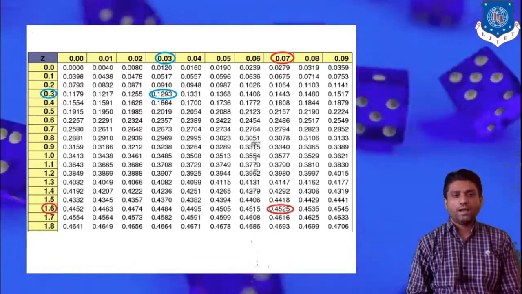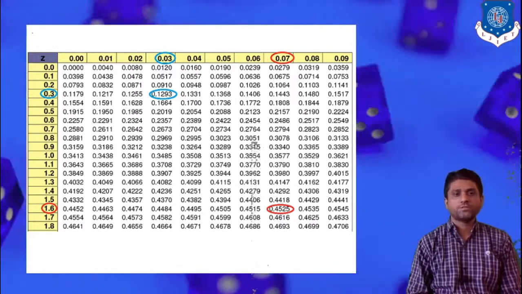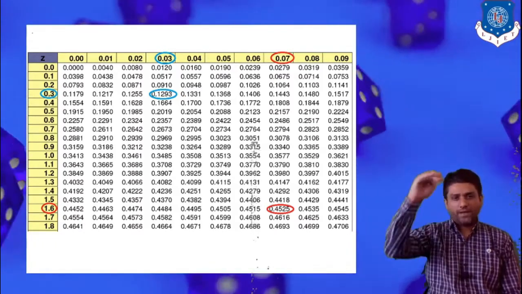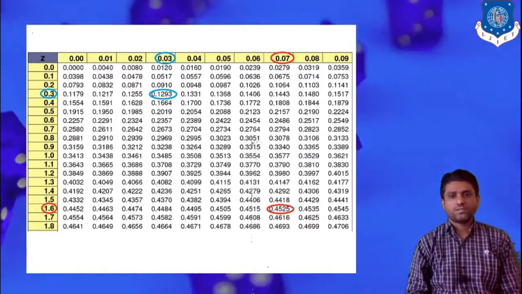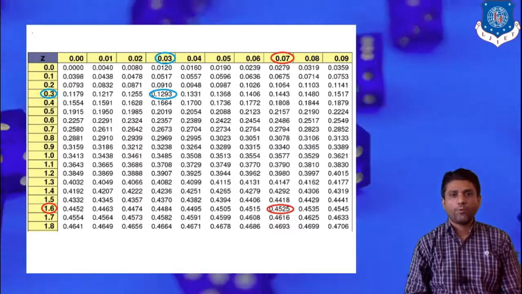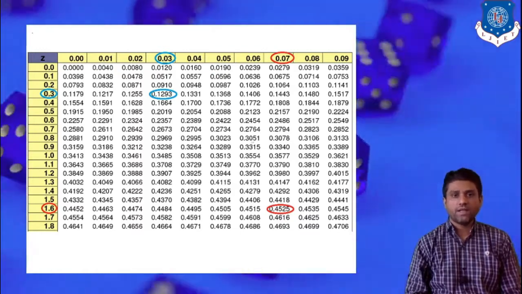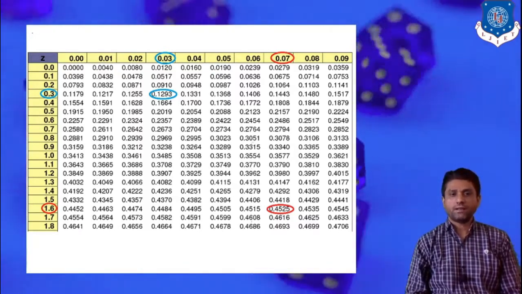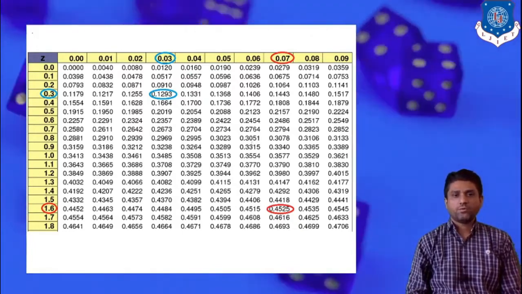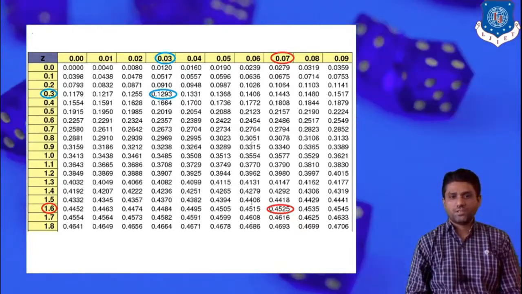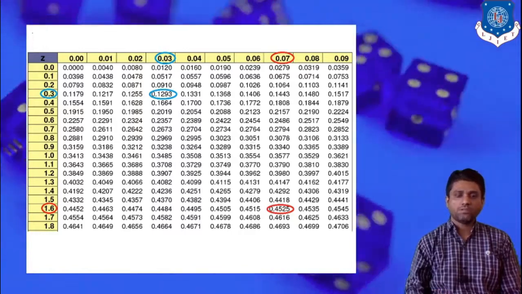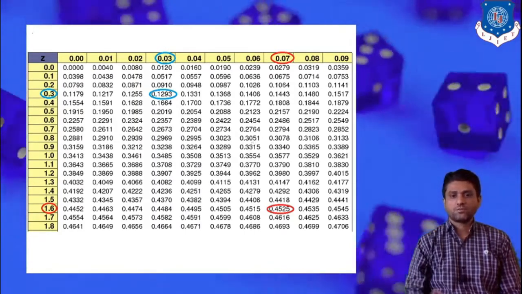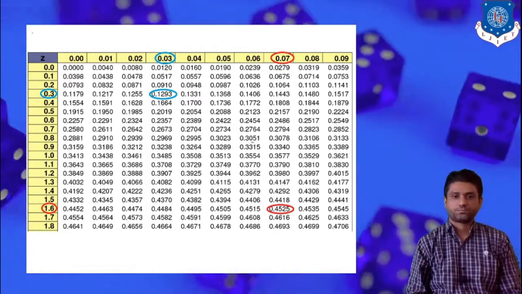So we highlight 0.3 in the first column and 0.03 in the first row, and find the corresponding point of intersection, and we take the value 0.1293. That shows the area lying between 0 and 0.33. Similarly, we take the value for 1.67. The area falling in the interval 0 to 1.67 shows 0.4525.